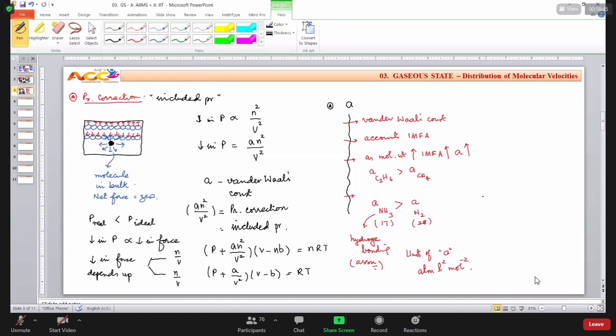Why do we write N by V 2 times decrease in pressure? Abrar, फिर कैसा बोलना बेटा? Why are you writing 2 times N by V? He is asking. चलो भाई, मैं तो थक गया पढ़ाते. कोई है तो बोलिए.